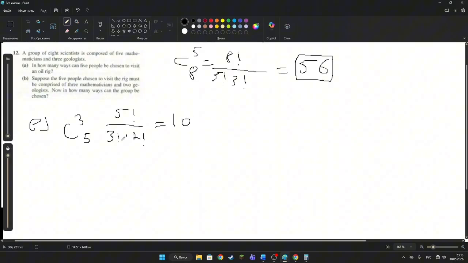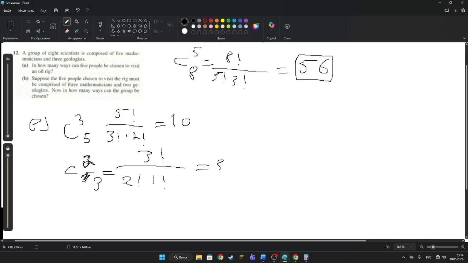Then we must choose the geologists. It's from 3, choose 2. It's going to be 3 factorial divided by 2 factorial multiplied by 1 factorial, and if we calculate this, it's going to be 3.